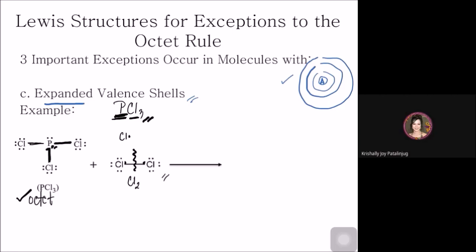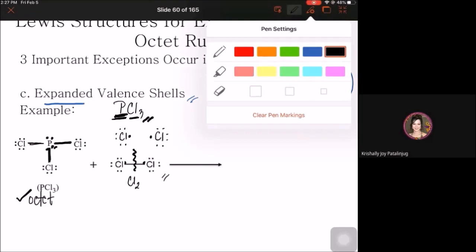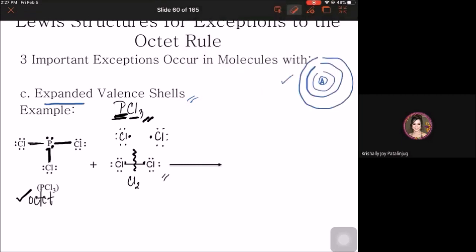You have chlorine with unpaired, then you have another chlorine na unpaired. Kasi kailangan mag-react with phosphorus trichloride. Now, recall na si phosphorus, tingnan nyo yung central atom na phosphorus, di ba meron siyang dalawang lone electrons? Okay? Meron siyang isang lone pair.